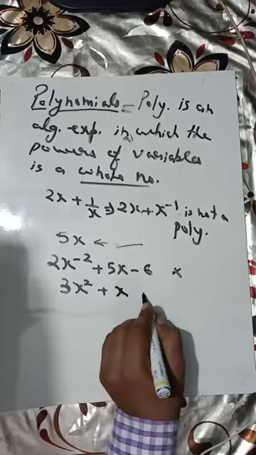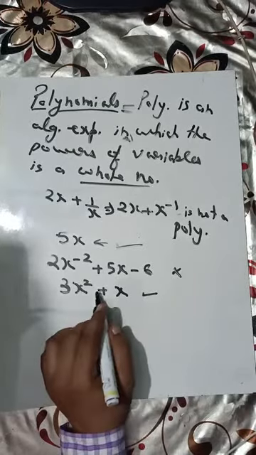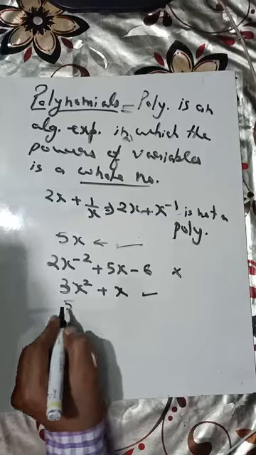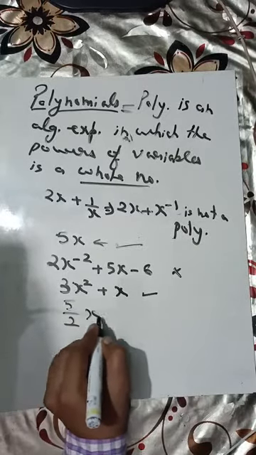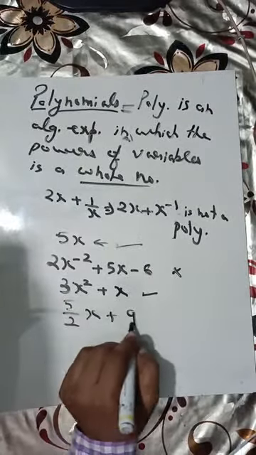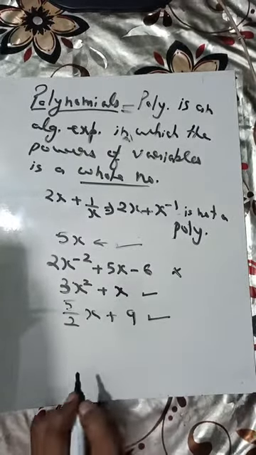This is a polynomial because the power is a whole number. Five upon 2x plus 9. This is also a polynomial.